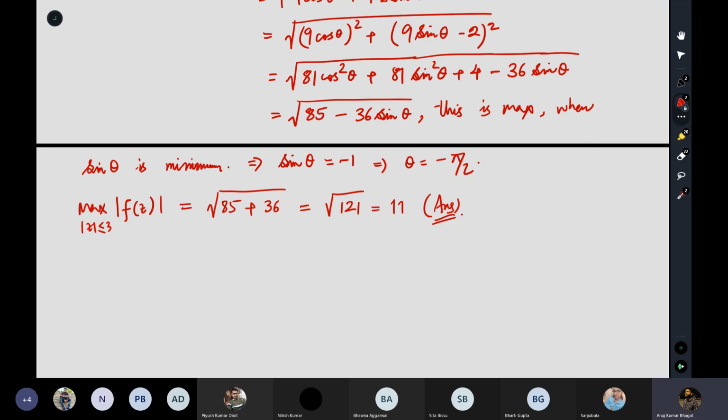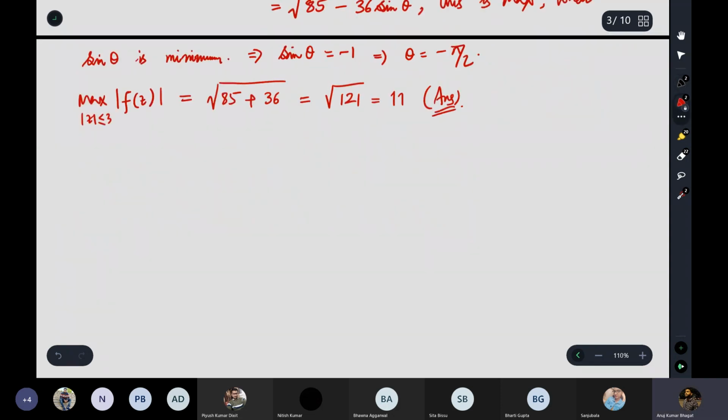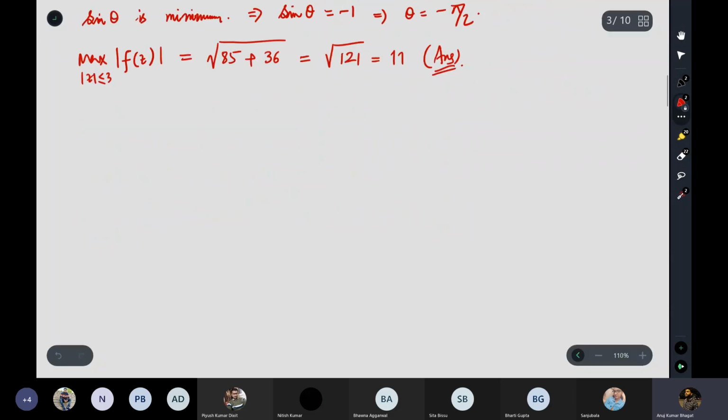Okay, so let me talk about Mobius transformations a bit, and then we'll solve something on Mobius transformations as well.